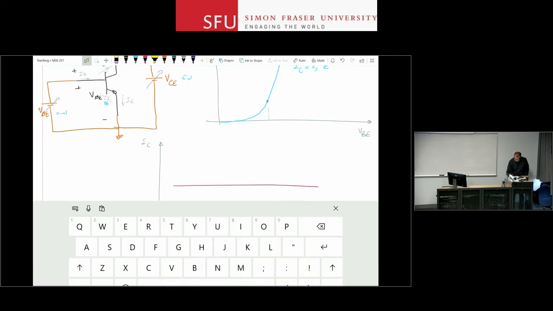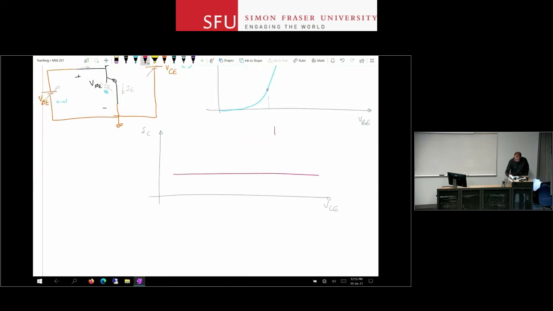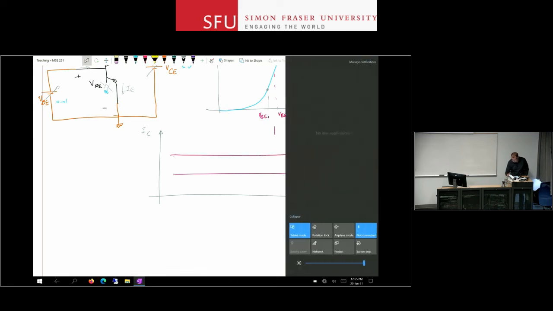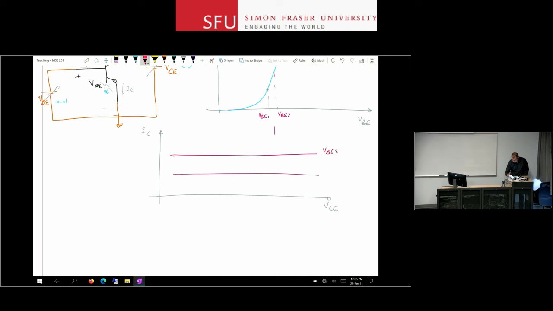Change to a different VBE, slightly larger value, let's say VBE1 and VBE2, and you get a different value. Right? And it is constant. Once you set that current by establishing your VBE, the output current at collector is constant. And it is good for all large values of VCE.